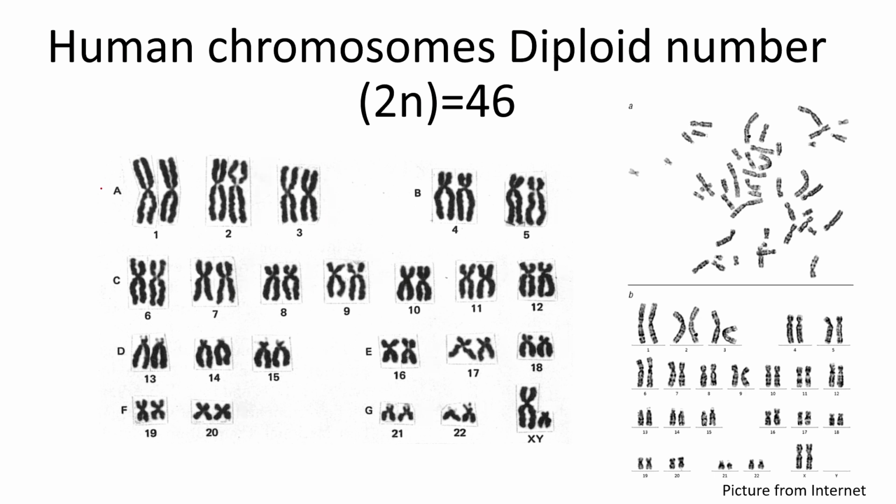You have the different groups according to size and shape: group A, group B, group C, group D, group E, group F, and G. Under the microscope they look like this, and this is the G-banded picture of the human karyotype.